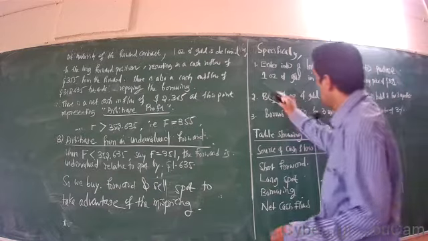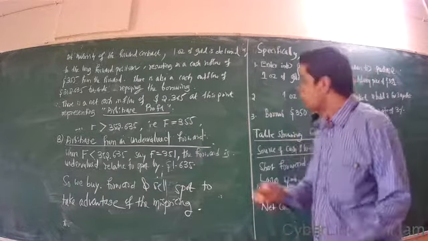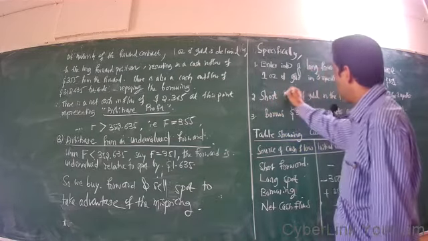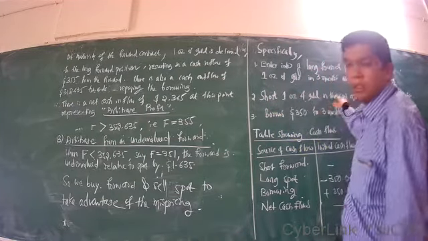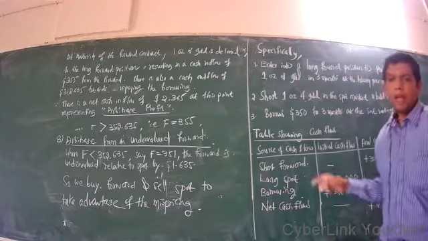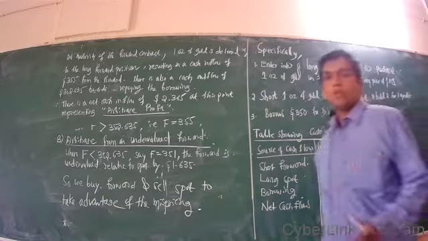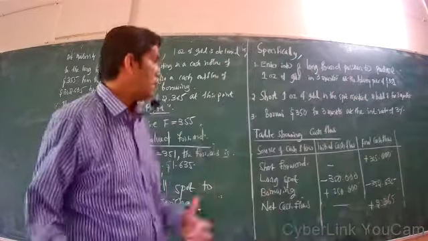Second step, short 1 ounce of gold in the spot market and hold the short position for 3 months.